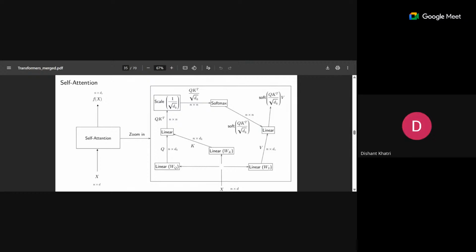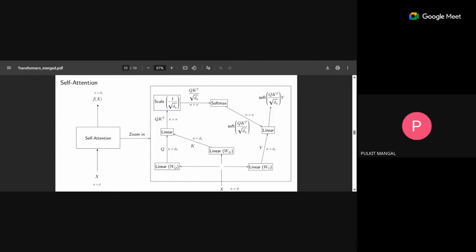So Q and K, the query and key matrices, help us get the attention score, and V is the value part that helps us get the embedding, finally multiplied by the attention score.